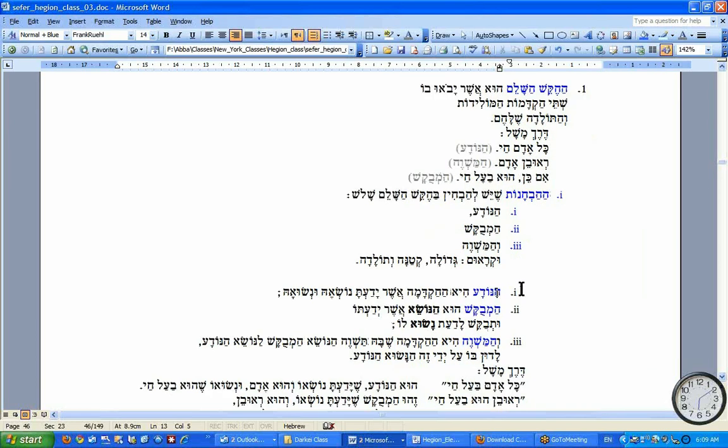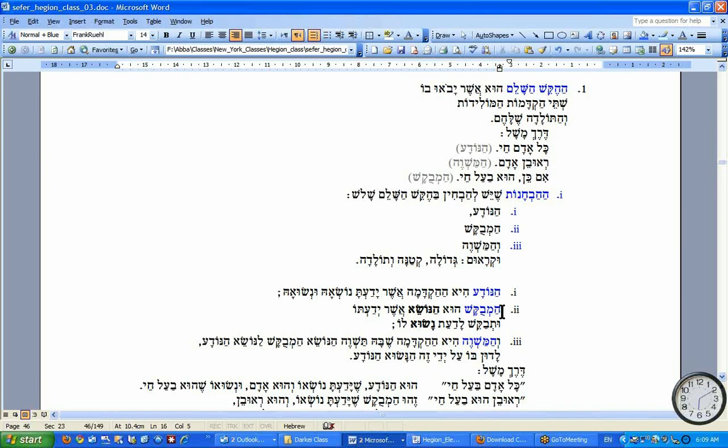The noda hu hagdama asher yadata nosa'o u nosahu. The noda is the statement where you know both parts, the subject and the predicate. In our example, Kol Adam Chai, all men are living things. What's the mavukash? Mavukash hu hanose asher yadata.